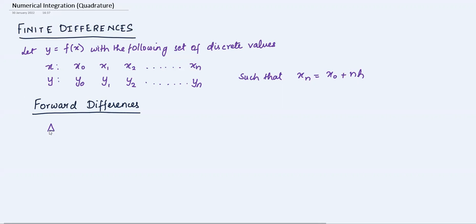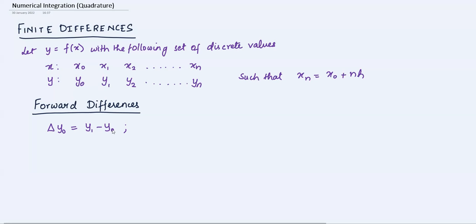Forward differences. Now we say delta y0 is y1 minus y0. Forward difference means we are taking the next point. Suppose I want to find the change in the value of y at y0.